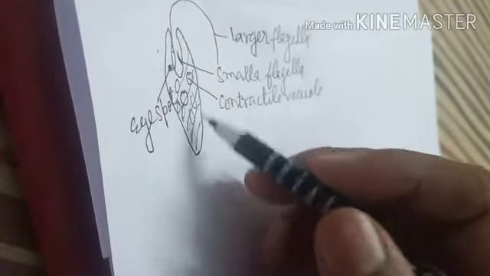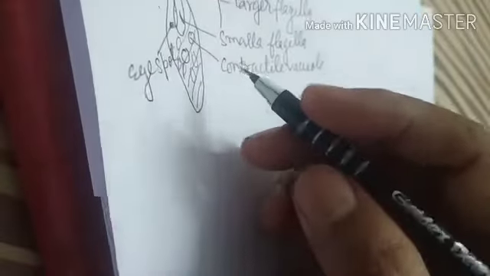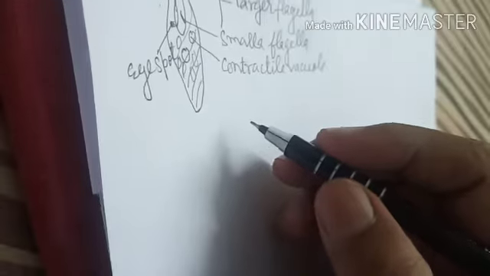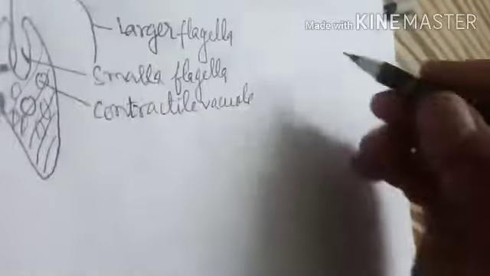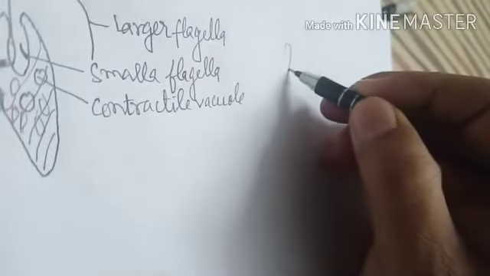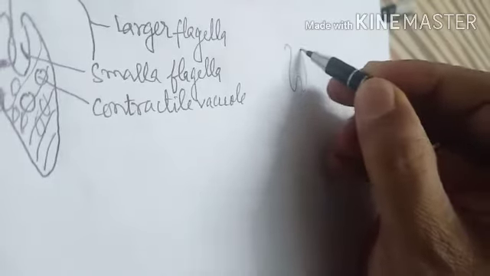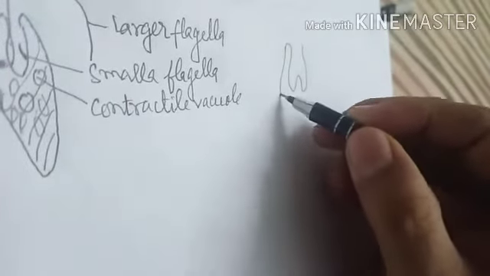Its chloroplast gets disorganized and a median furrow develops in the middle region in the oral pharynx. Here is the median ridge. Median ridge develops.